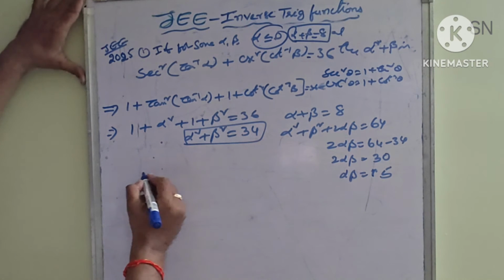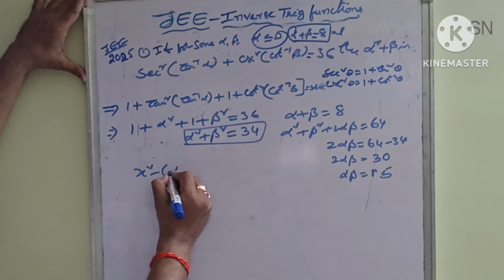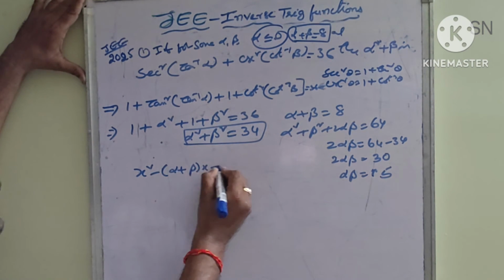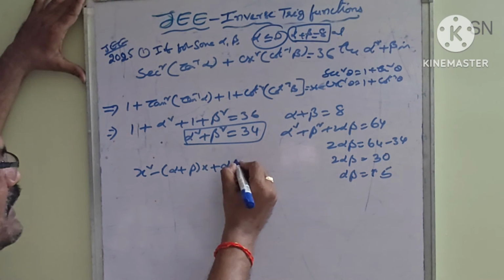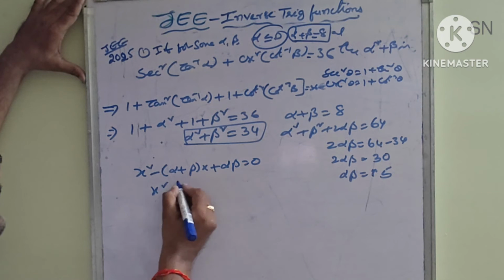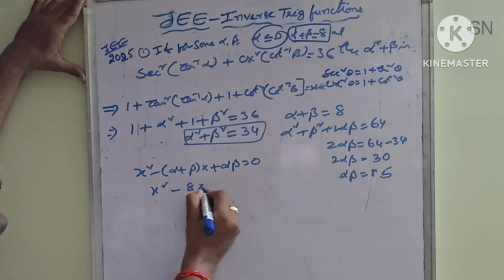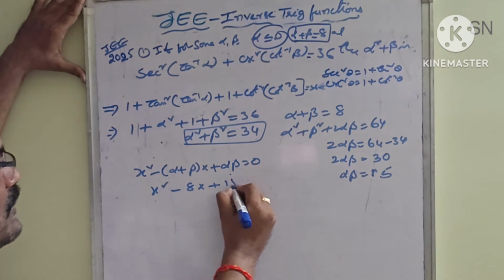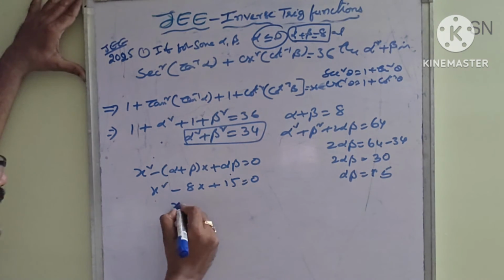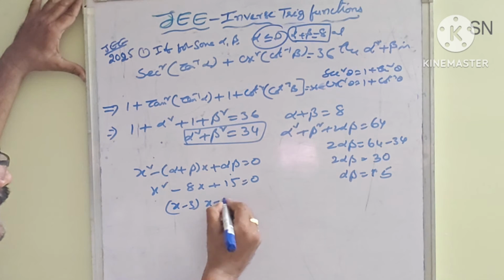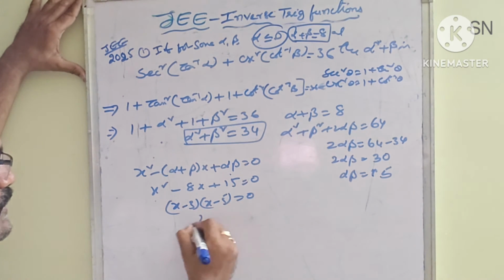Now alpha, beta are the roots of the equation x square minus of alpha plus beta into x plus alpha beta is equal to 0. So x square minus 8x plus 15 is equal to 0. We know the factors of 15 are 5 into 3, so x minus 3 into x minus 5 is equal to 0.